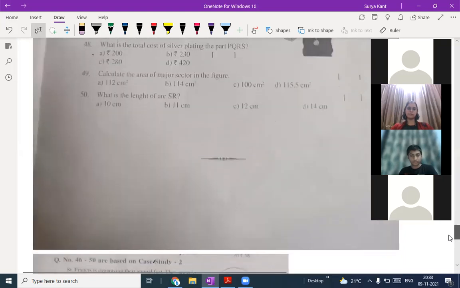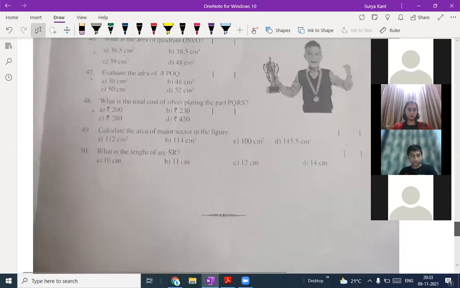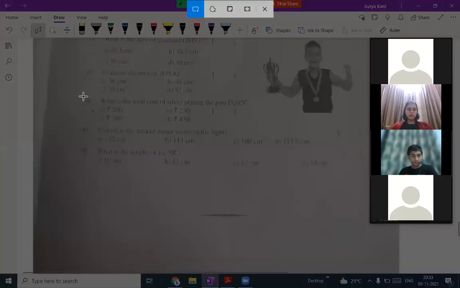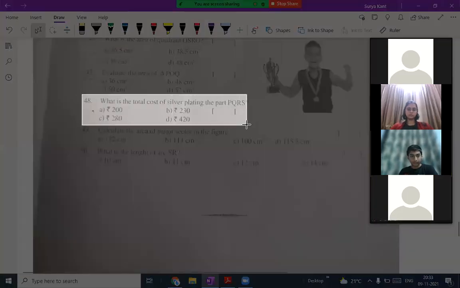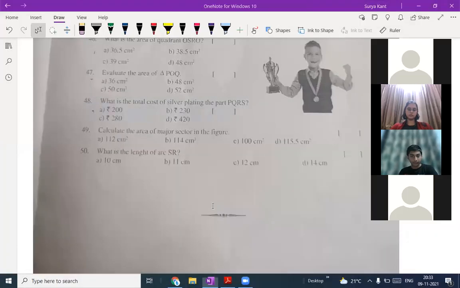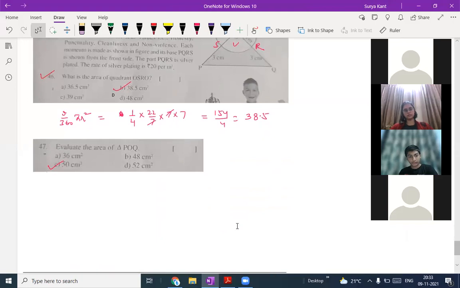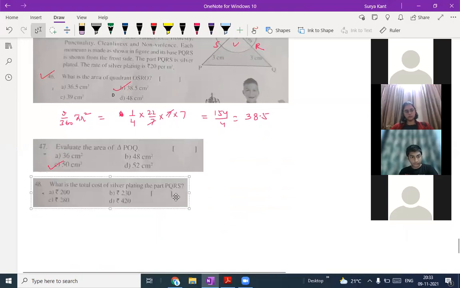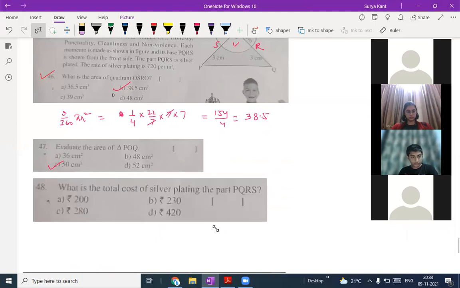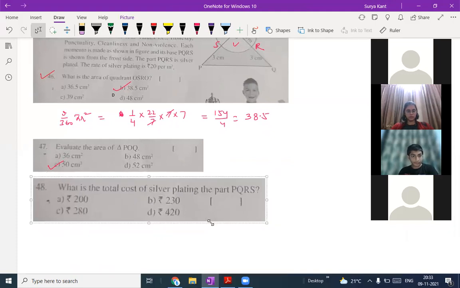Question number 3rd. Total cost of silver plating the part PQRS. You have read the question, no? So what is the cost per meter square? 20 rupees per meter square. So after getting the area, you should multiply by what? 20, right?